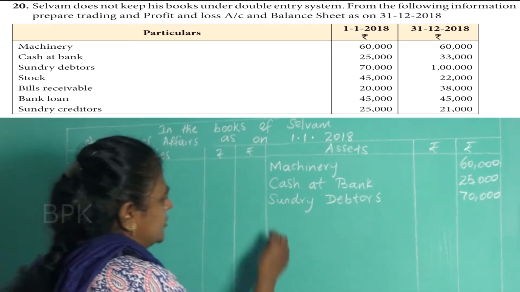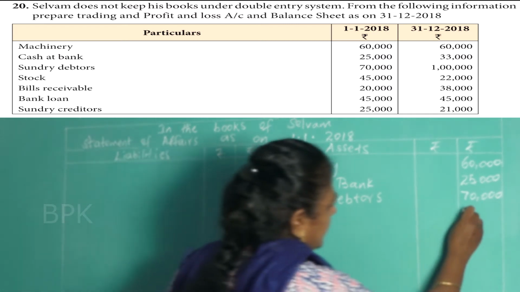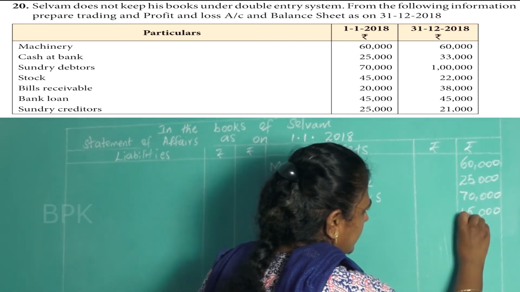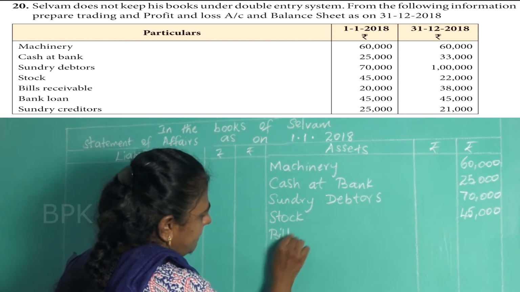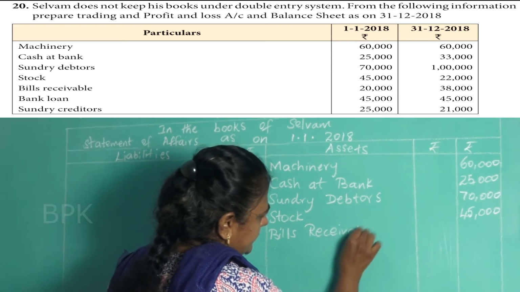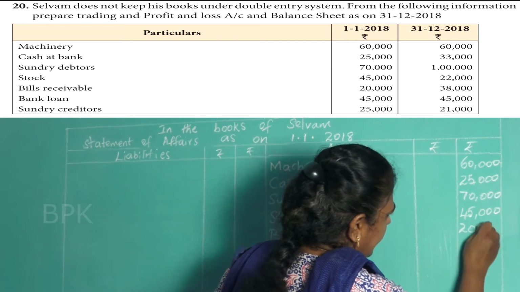After sundry debtors, stock 45,000. Next, bills receivable 20,000.